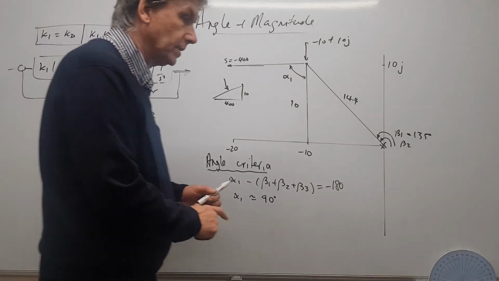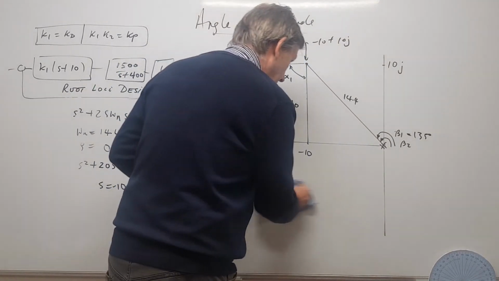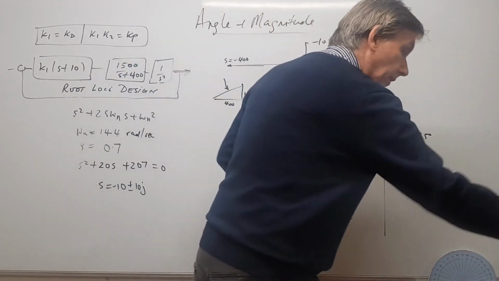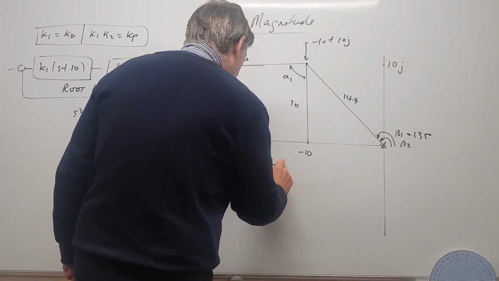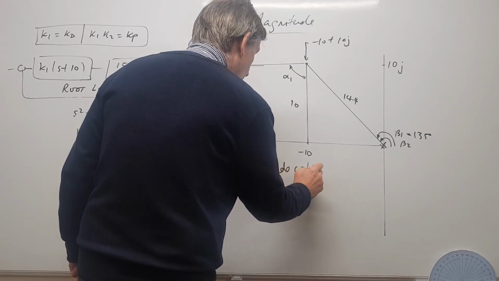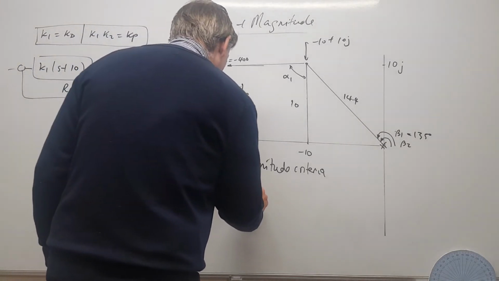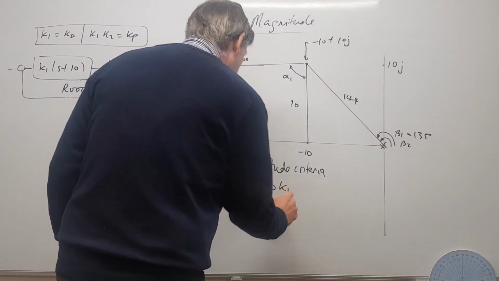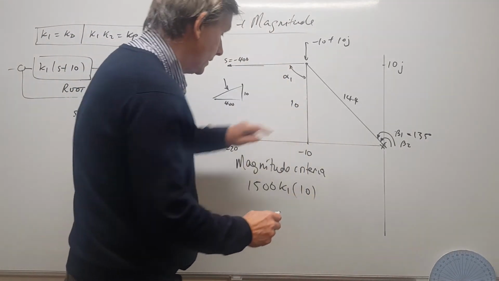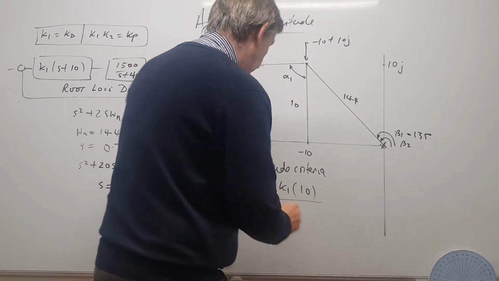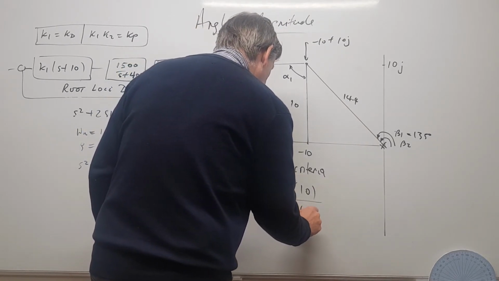So we can then stick those numbers into the magnitude criteria to get our K1. So the magnitude criteria is going to state now that 1500 times K1 times the 0 distance, which in this case would be 10, because from there to there is 10, divided by these distances, would be 14.4 times 14.4.